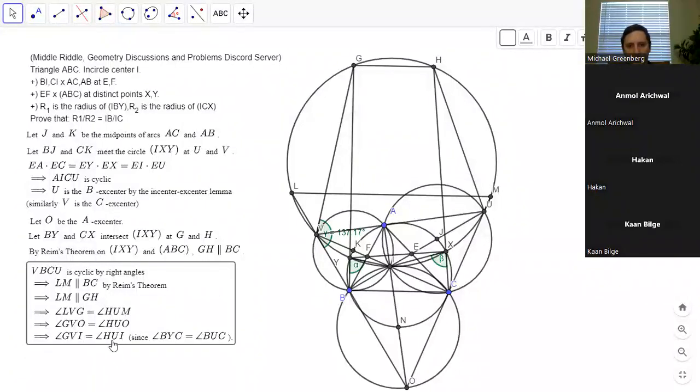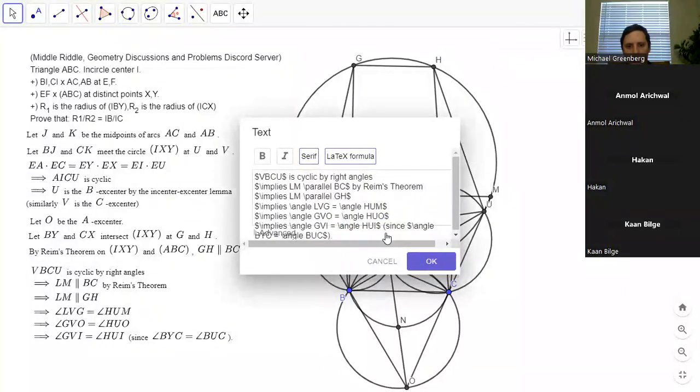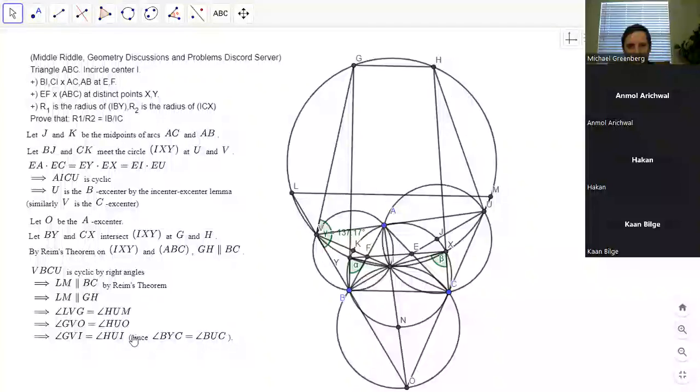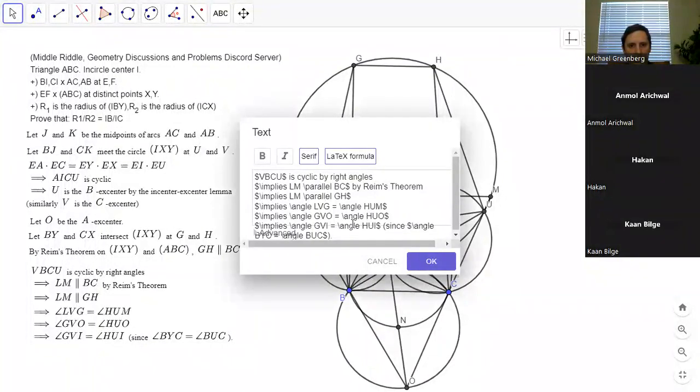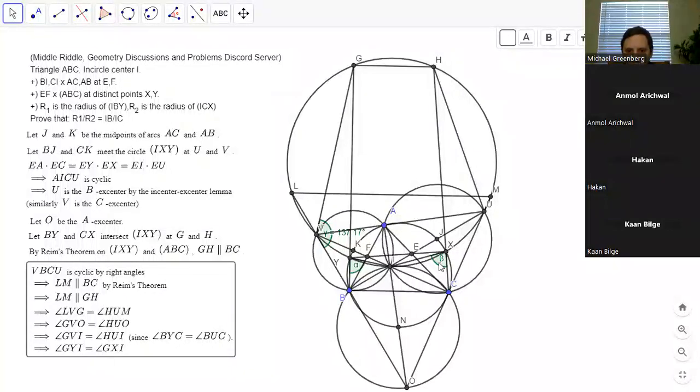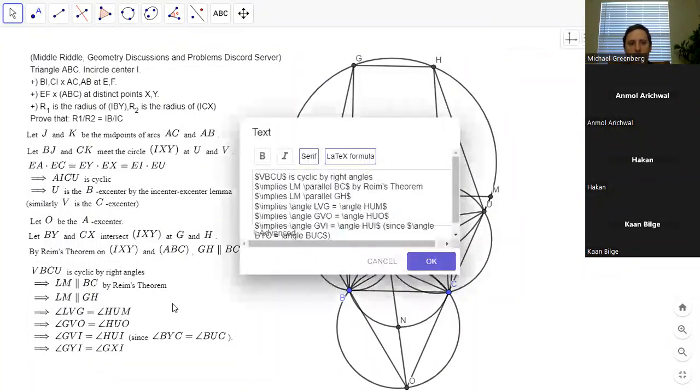So this means if we know this, then we know that angle GYI is angle GXI, which implies angle BYI equals angle CXI.